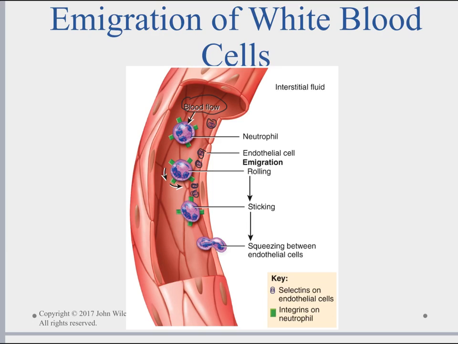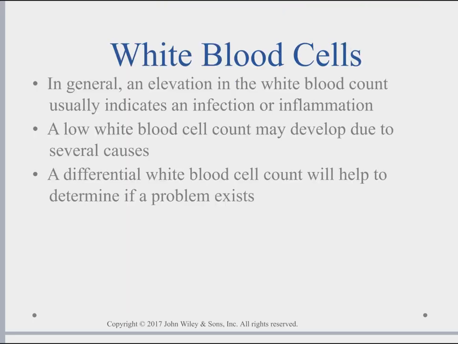So we're basically signaling trauma, right? These guys are going to work together to allow for the sticking of the integrins to the cytoskeleton of the endothelial cell line. Once it's stuck, it will start squeezing between those endothelial cells.